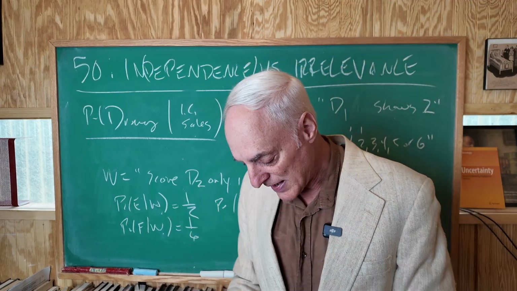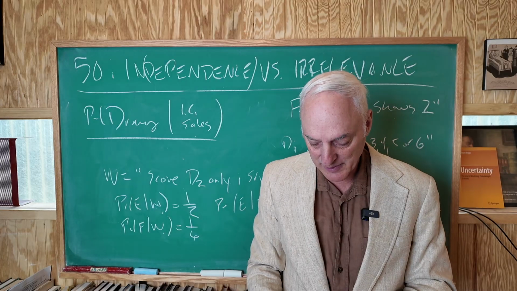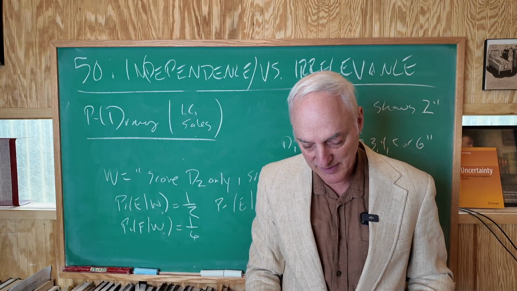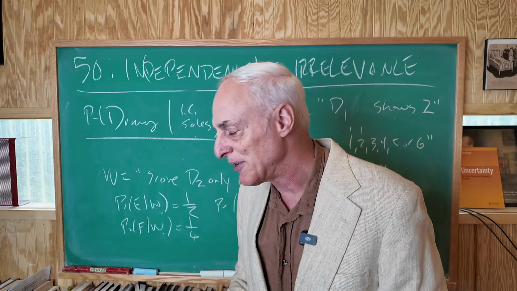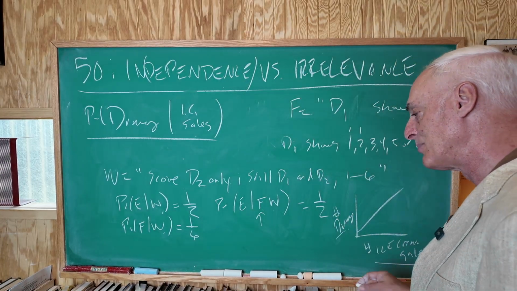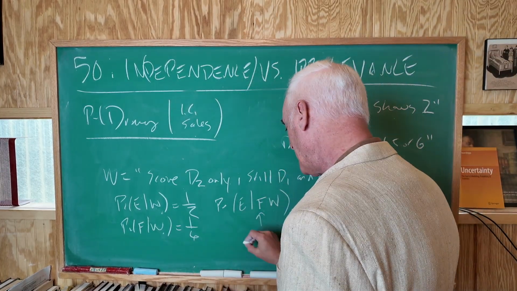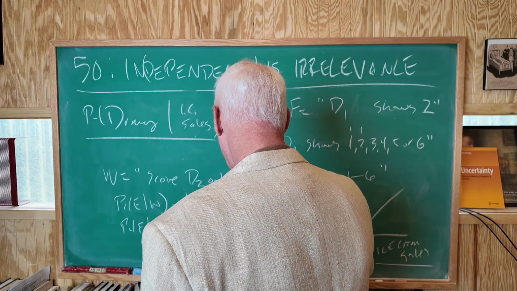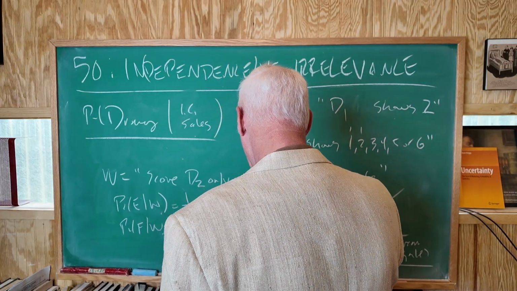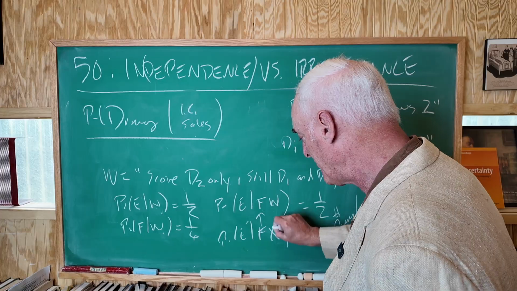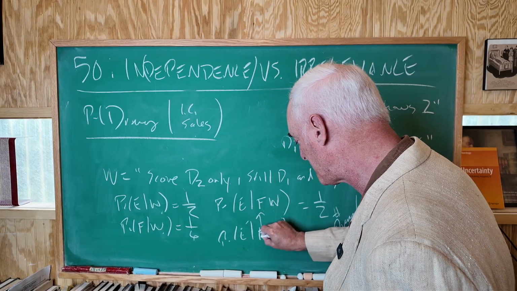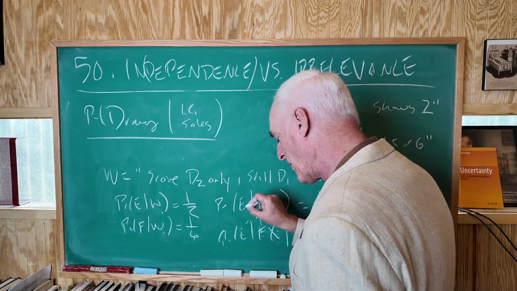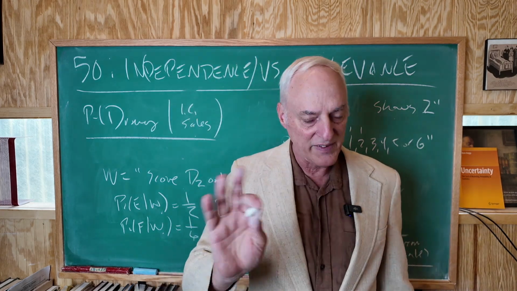Now, there's more to this, but I think I'm going to quit there because it just gets more involved. I talked about it last time a little bit. It's in the examples we had here. It's the probability of E given F and X, and the X was how we scored the game. If we can't derive the F from the X or the W, there's relevance and all that kind of stuff.